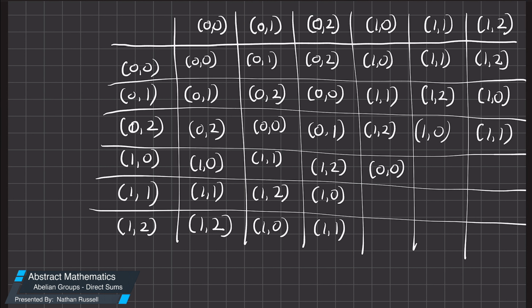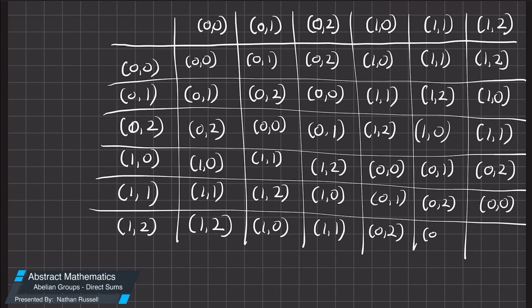Good. Then we have 0, comma 1 over here, and we have 0, comma 2. So 0, 1, and 0, 2. Okay, so we're getting there. So this becomes 0, comma 2, and then this will be 0, comma 0.